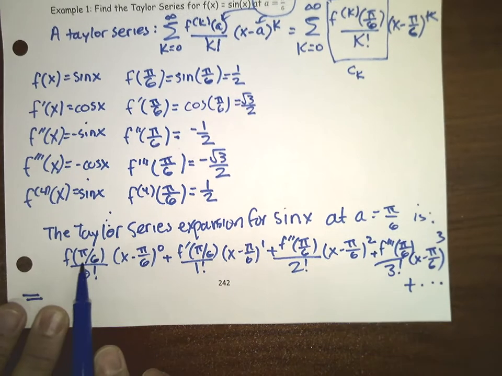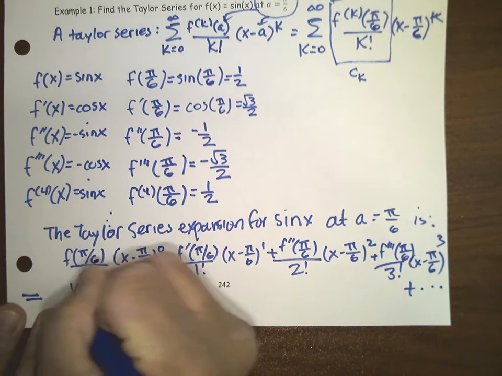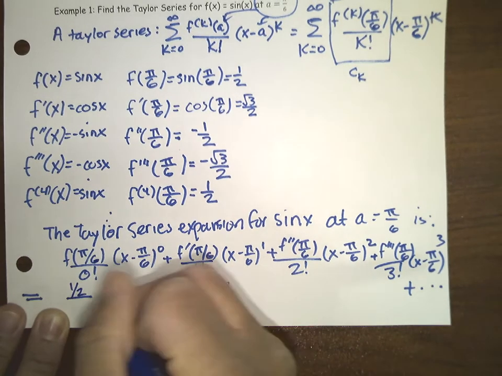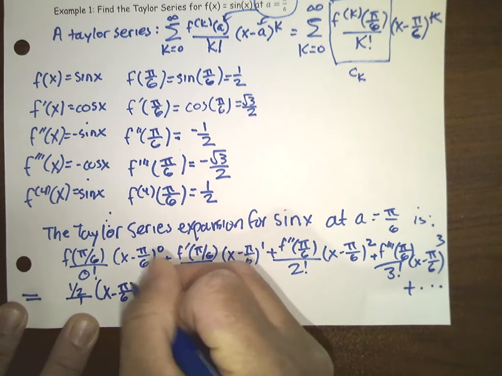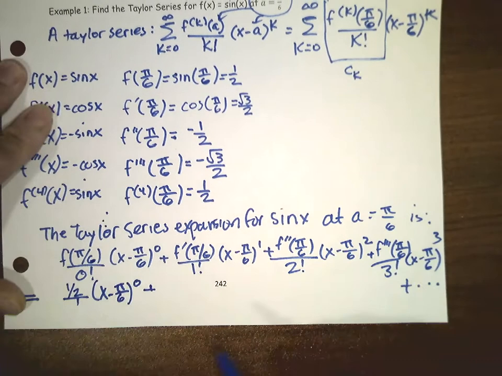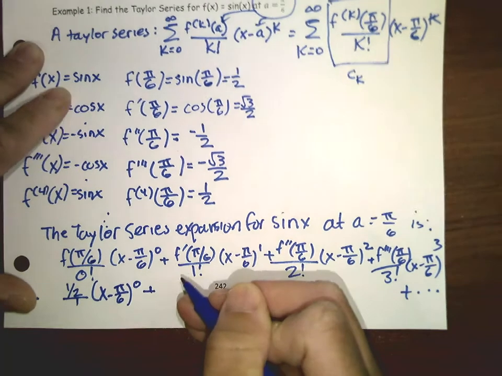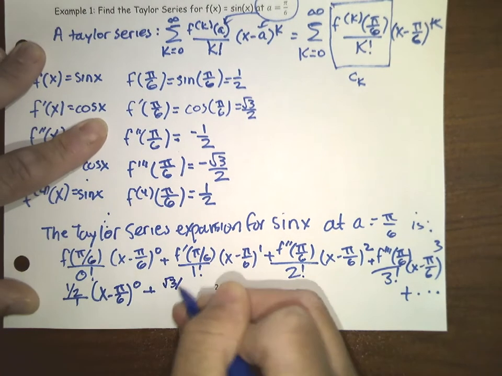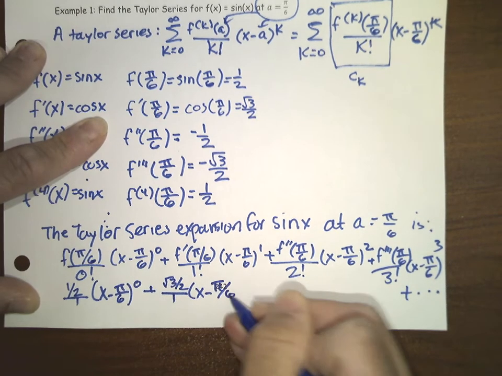So what do we have? Well, f of pi over 6 was a half. So a half over 0 factorial, which is 1. So then x minus pi over 6 to the 0, which is 1. And then we have here, actually, that's just 1, but f prime of pi over 6, so that's square root of 3 over 2 over 1 factorial, so x minus pi over 6.